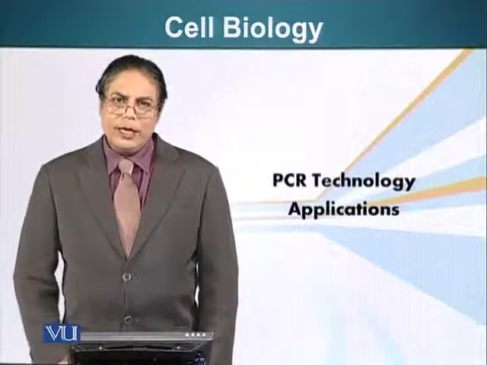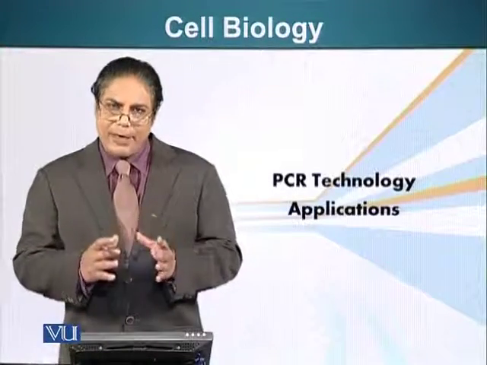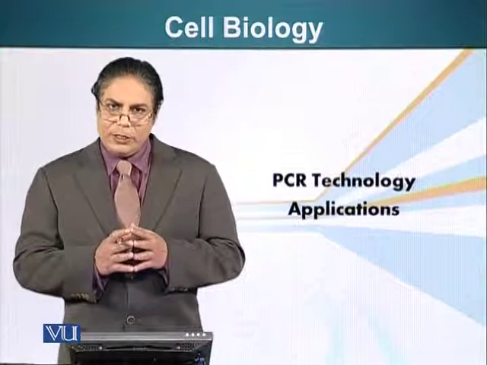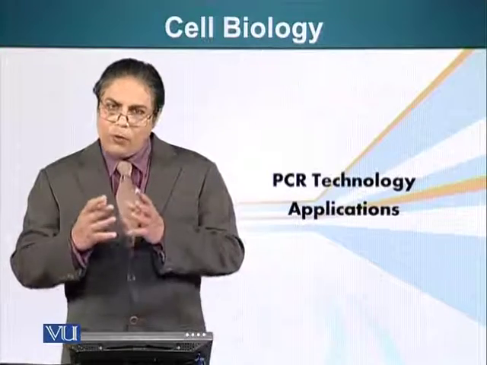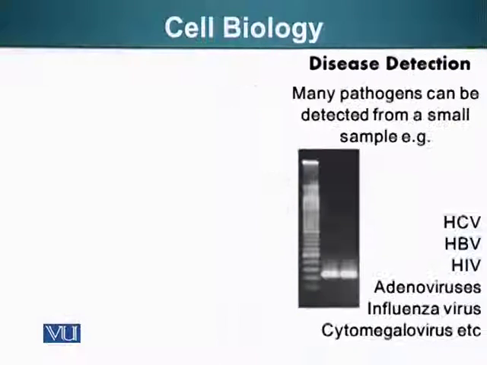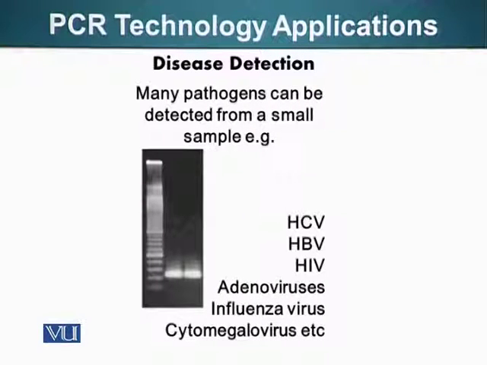Now we are going to look at how PCR has impacted health in detecting different pathogens and also quantifying how much pathogen is present in a sample. Say someone is infected with a virus.